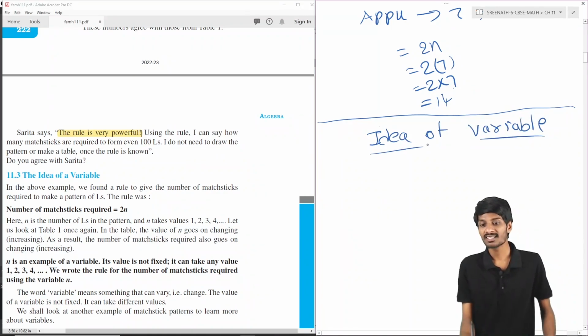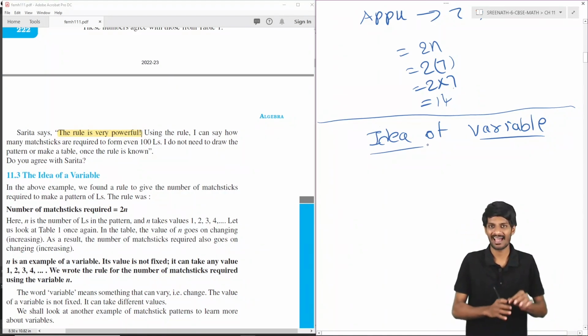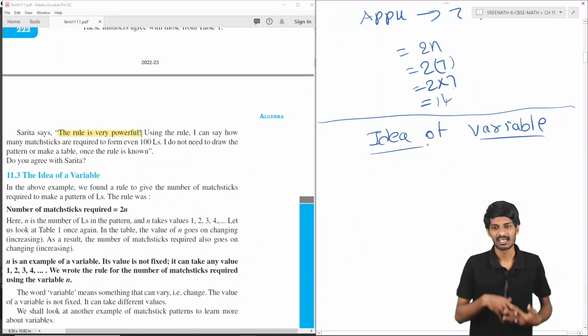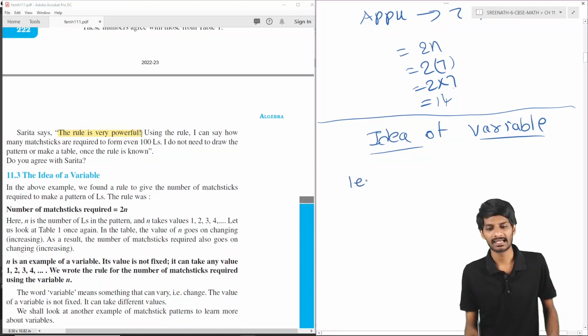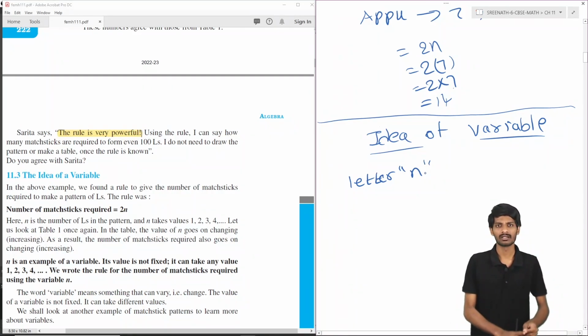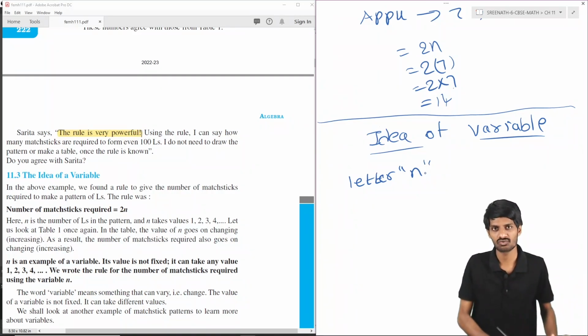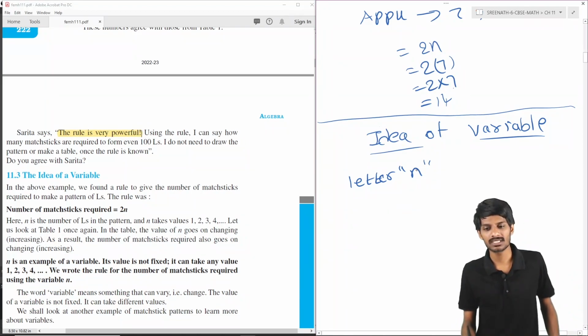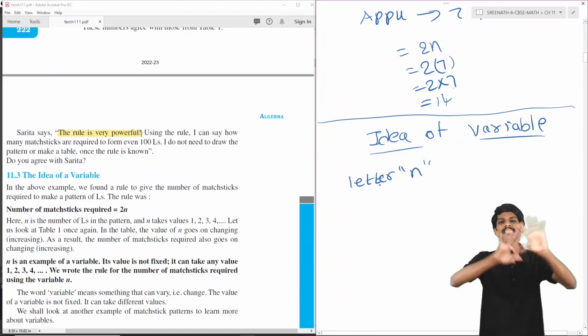So from the previous example, we have come up with an idea of a variable, students. In the previous example, we used a letter n instead of a number. Why? If you use a number, it will suit only a particular situation. But if you use a letter, it can fit any situation.